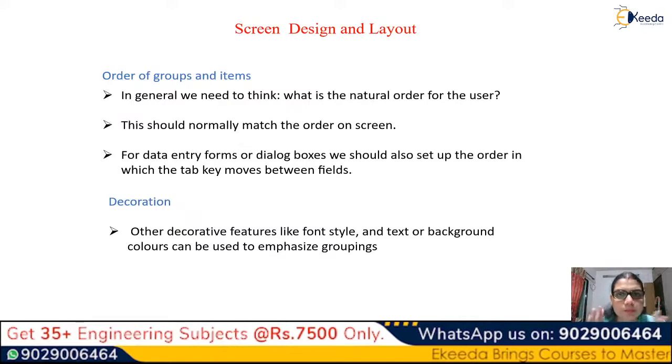But first, when I'm creating an interactive system, I have to think what sequence I have to follow, what chronological process I am in. So for data entry forms or a dialog box, we should also set up the order.